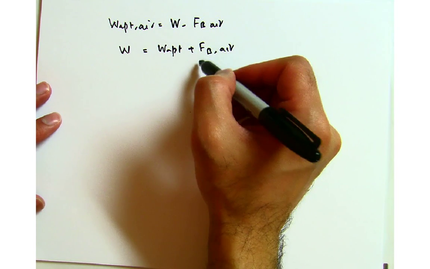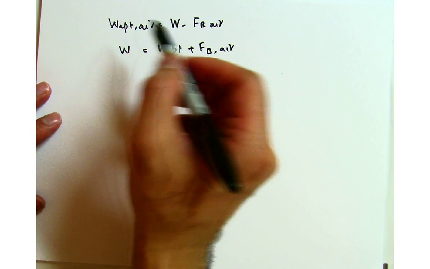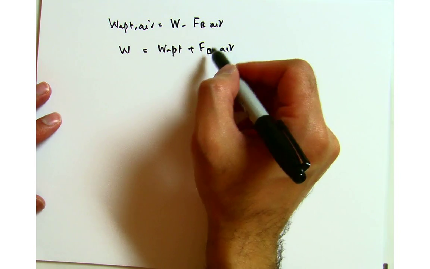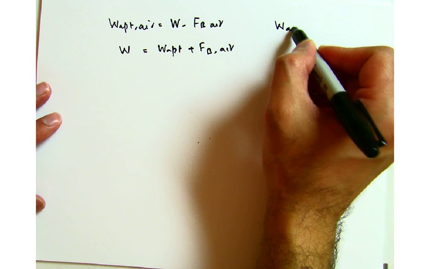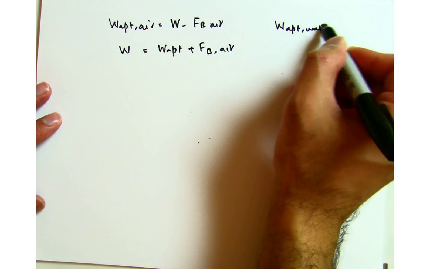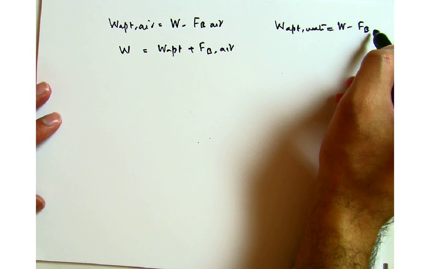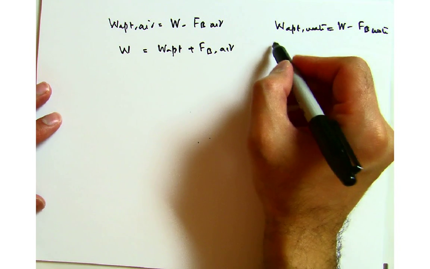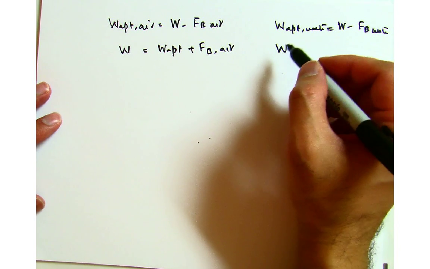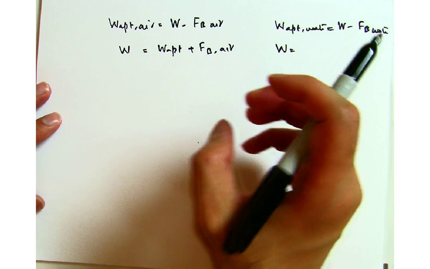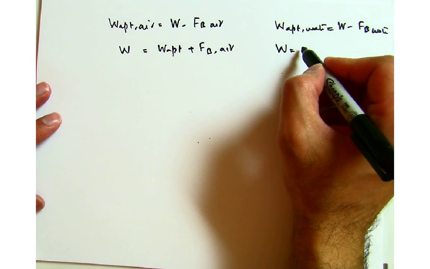I can neglect this buoyancy force to basically get the actual W. Either I neglect this, which is a very small quantity, or I use this relationship in water, W equals W apparent minus FB in water, and it will be the actual W that I'm looking for, because that will give me the actual mass that I want to find the density through, and not what we are getting from the scale, because that also includes the buoyancy force.